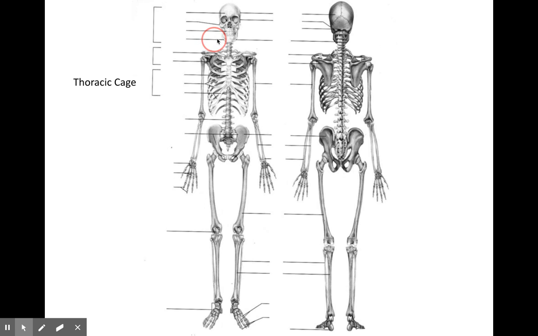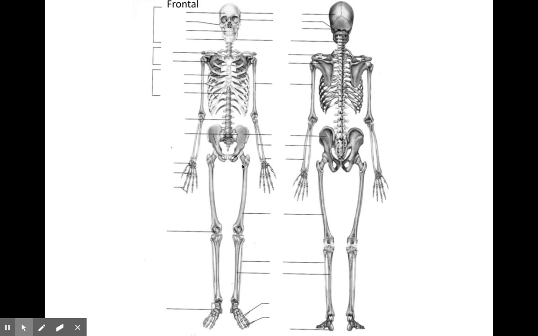Right here, this line is pointing to the same bone. There is a lot of repetition in the lines, even though they are pointing to the same bone. It's just a front visual compared to a back visual. Same thing down here. So we're not filling in both lines, we're just filling in one.